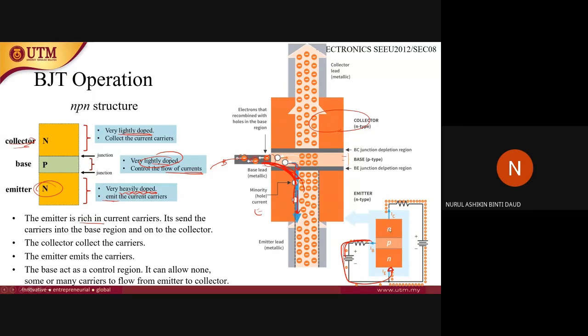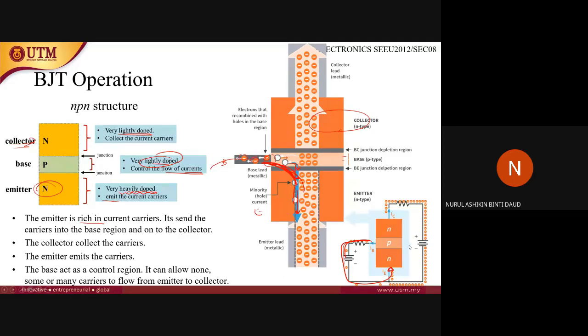This is negative, and the external source is represented like this. The positive region meets the negative region here, so it is a reverse bias. Since it is a reverse bias, most of the electrons sweep across the collector region, because most of them are attracted to the positive terminal of the external battery.